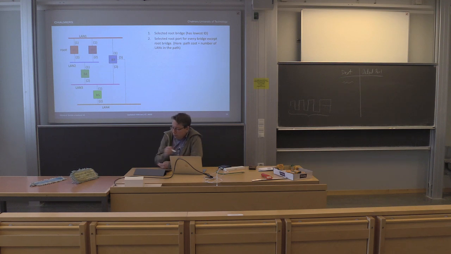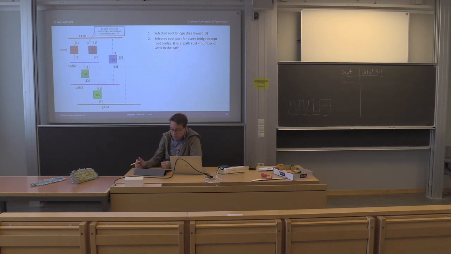The root port is the port which has the cheapest path to the root bridge. We will compute the path cost as the number of LANs it needs to go over in the path to the root bridge.